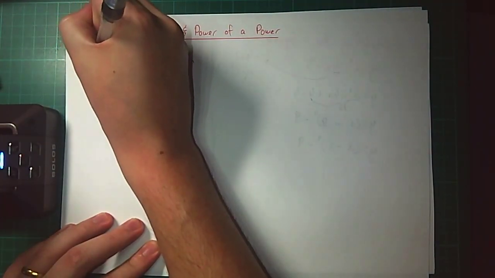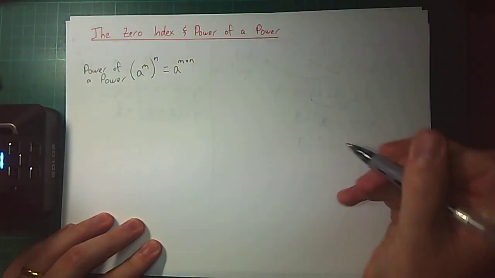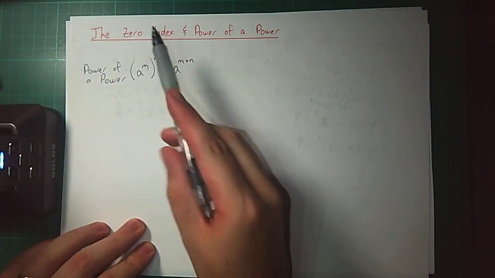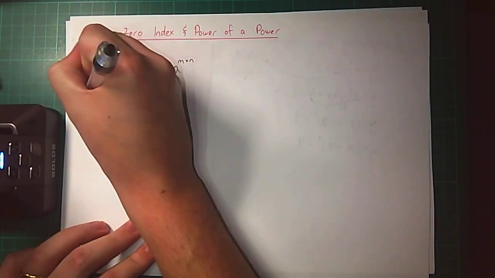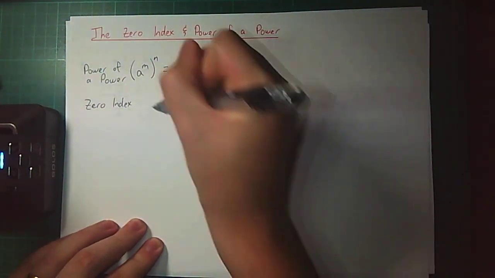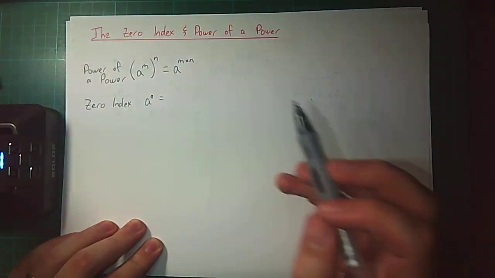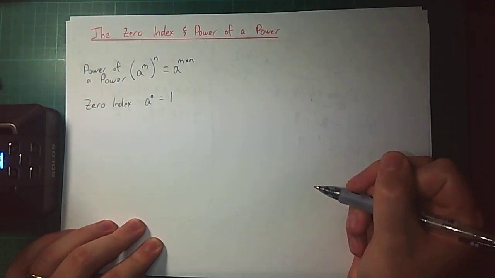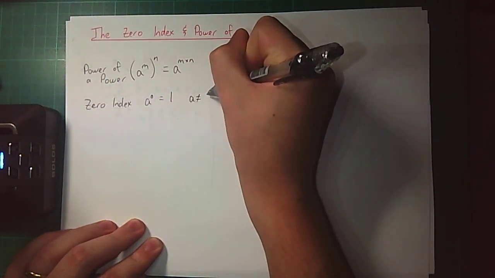That is for a power of a power. We'll look at an example of that in a moment. But now we'll just quickly look at the zero index. The zero index states that given any number and have the power be 0, the answer will always be 1, excluding if the number itself is 0.